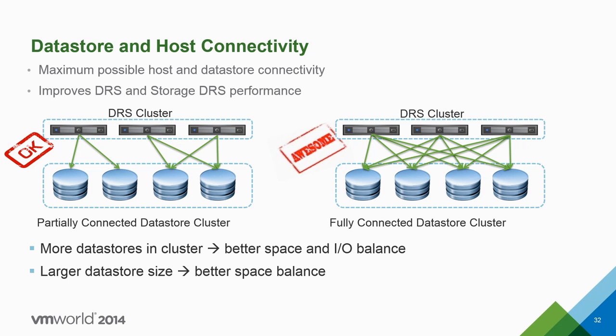We don't really care what the connectivity of those data stores to individual hosts is. It will be okay, but it will be awesome if all of the data stores are connected to all of the hosts. This is important because then Storage DRS has the full benefit of looking at the maximum freedom of control when it is fixing a problem or fixing latency in that environment.